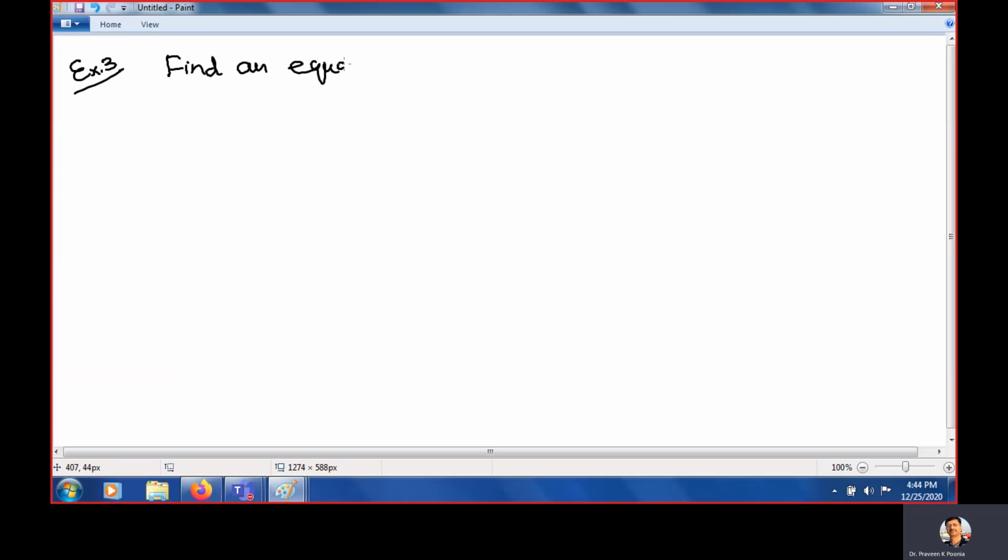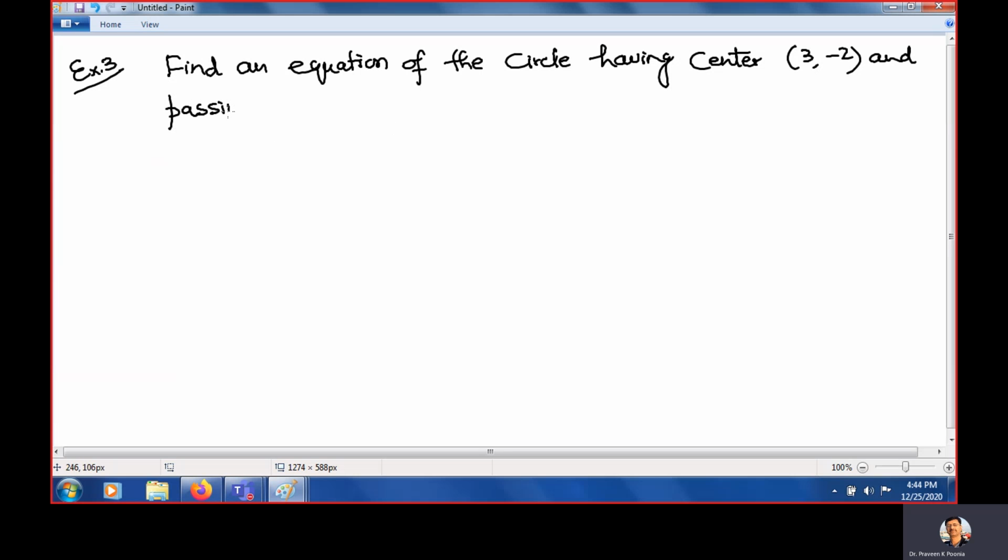Find an equation of the circle having center 3, -2, and now they are not giving the radius, they are giving another point on the circumference, passing through 11, -2.